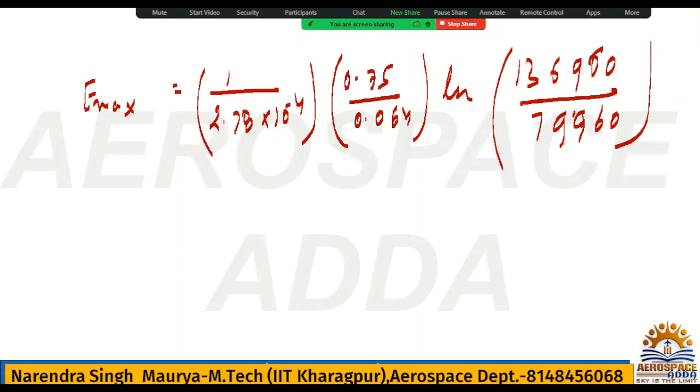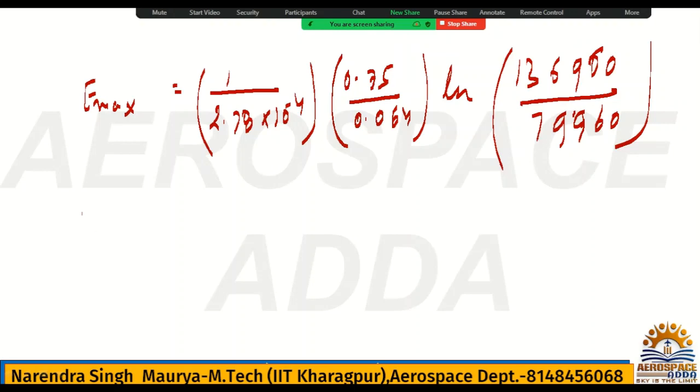136960 divided by 79960, into ln 0.538, multiplied by 0.75 divided by 0.064 divided by 2.78 × 10 to power minus 4. This is what I am getting.